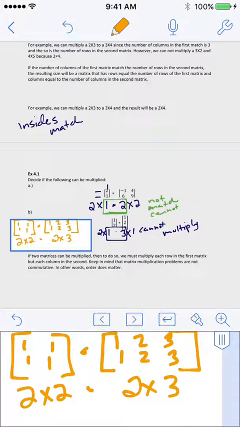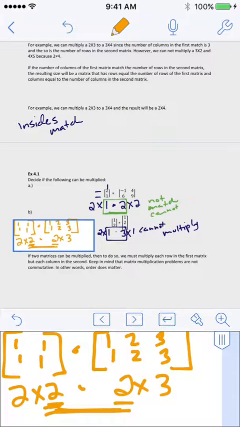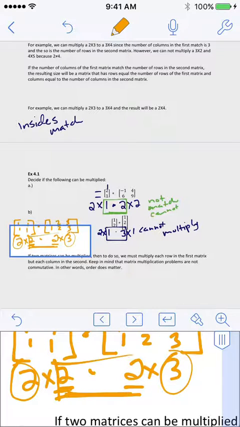They do, right? This 2 on the end matches this 2 on the beginning. It's got to be the insides, not the stuff in the front, not the stuff in the back, but the insides. The insides match, and so we can multiply this. And when we multiply this, we end up with an answer of the outsides, but we'll review that again in a sec. We just have to make sure right now that these guys match.